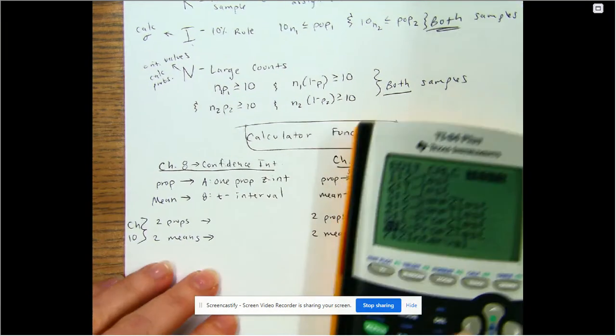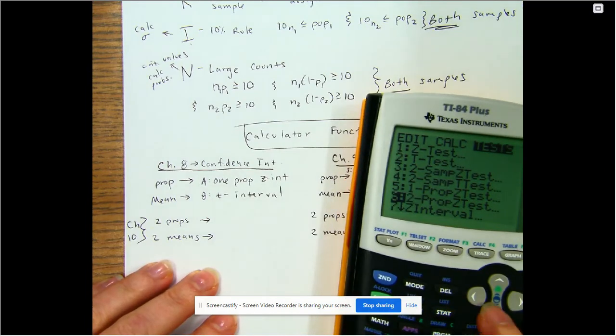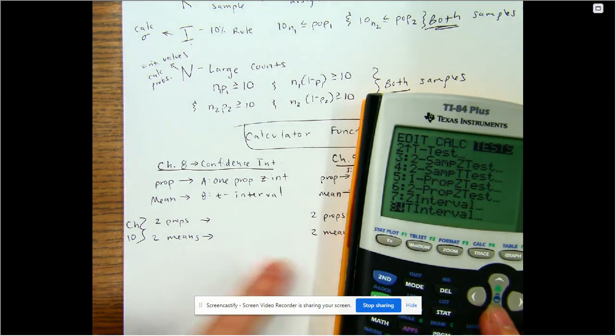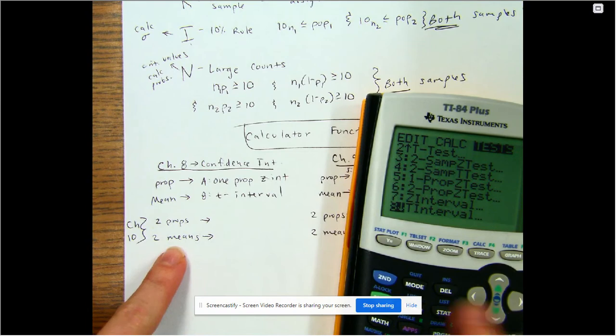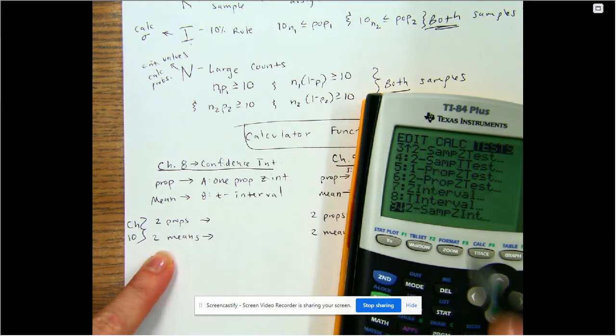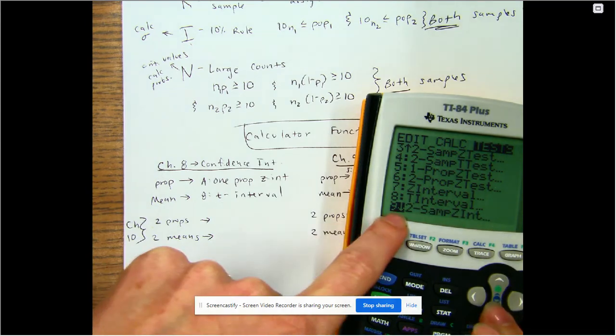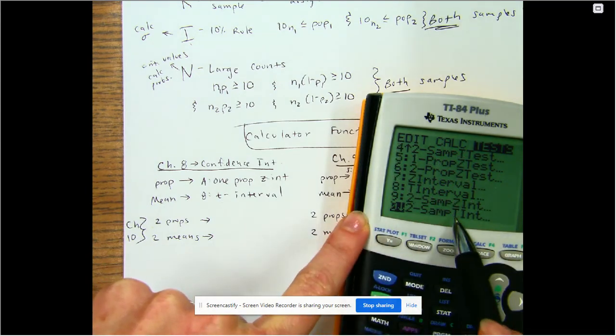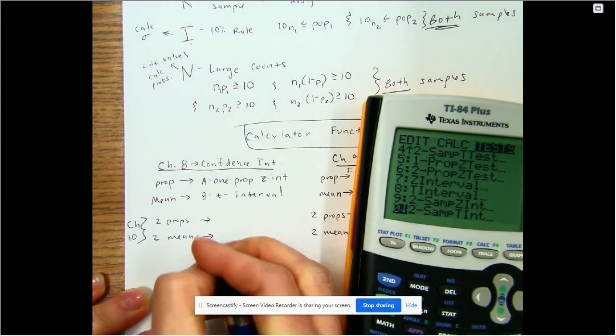For our confidence intervals, I'm at the means here. The means was a t interval. Actually, we don't want a z interval, though. We want a 2 sample t interval, so that's 0.